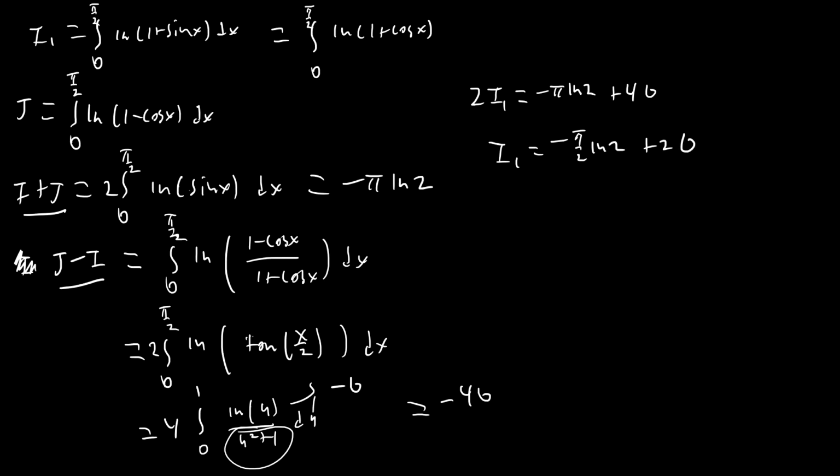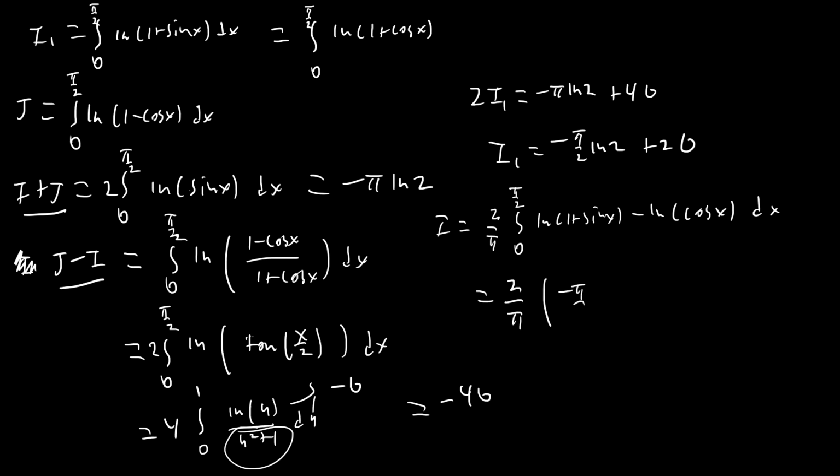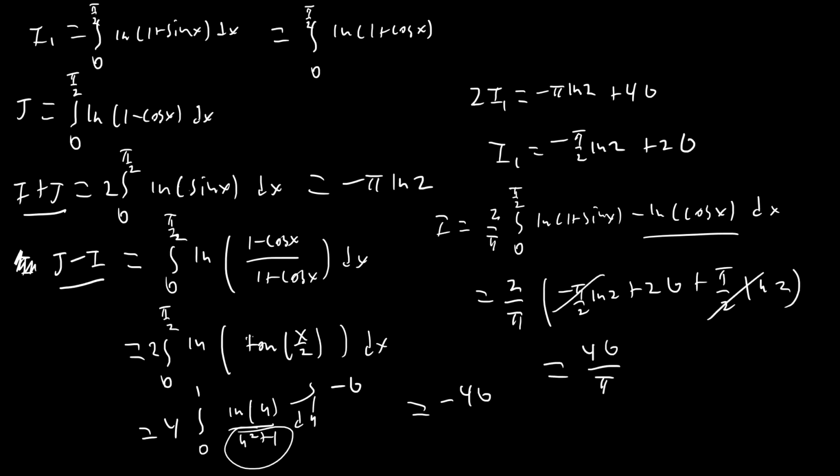So if we go ahead and look back, we had I equals 2 over pi integral from 0 to pi over 2 of ln(1 plus sine of x) minus ln cosine of x. So overall, we're going to get 2 over pi times negative pi over 2 ln 2 plus 2G, and then this is going to end up being positive pi over 2 ln 2. Cancel, cancel, and overall, our answer is 4G over pi.